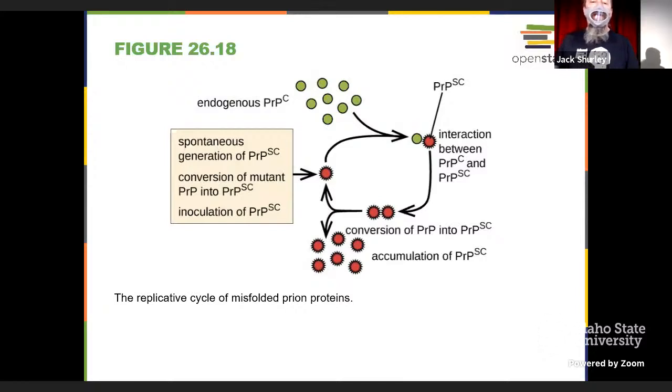It's a conversion of those normal proteins into these misshapen or misfolded, these activated, I guess you might say, forms of these proteins. Once they get changed or converted, it's kind of like a chain reaction. And every other normal protein they come in contact with, they generate their conversion as well.